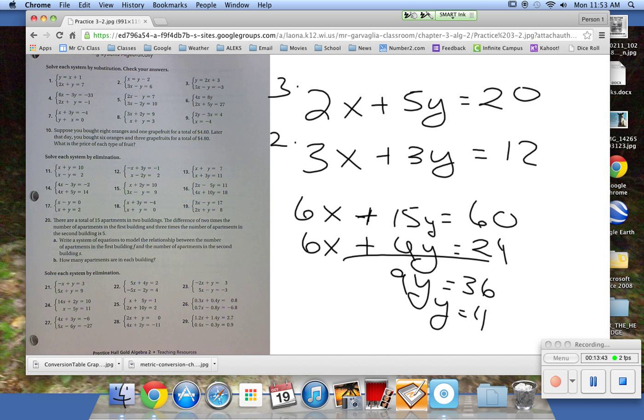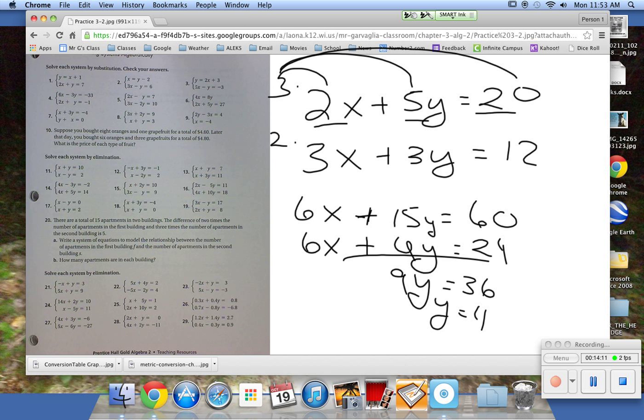You can multiply through, as long as you do each term in the equation, you can multiply both the top and the bottom. Yes, Preston? 3 times 20. I went 3 times 2, 3 times 5y, and then 3 times 20. Okay? What do you mean? Either way, if it's easier to do substitution, do it substitution.